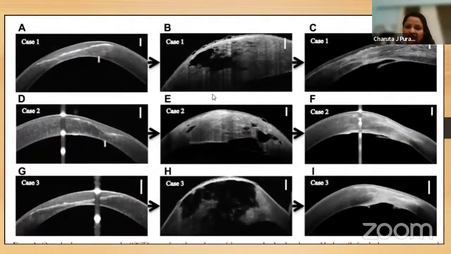These are 3 of their cases which they have beautifully shown all the features. You can see the total thickness of the cornea is probably quite normal. However, the stroma is very thin, and there is a lack of scarring in all the cases. So these can be used practically in the outpatient clinic as predictors for hydrops.